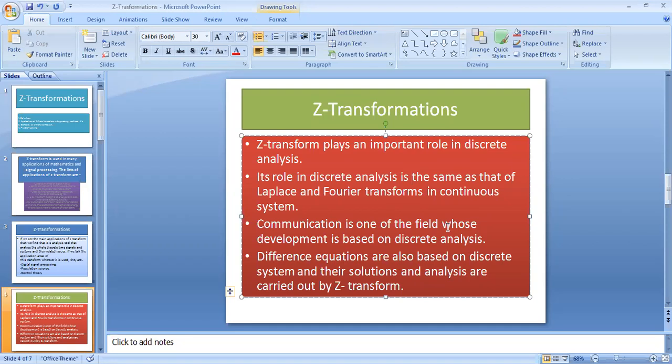In the communication field, the maximum development theory we apply is only discrete analysis. Difference equations are also based on discrete systems, and their solutions and analysis are carried out by the Z transformation. Actually, this is our introduction.